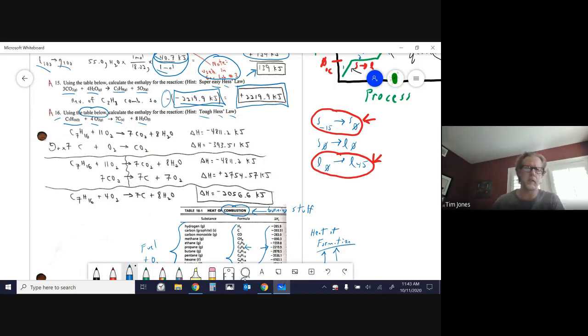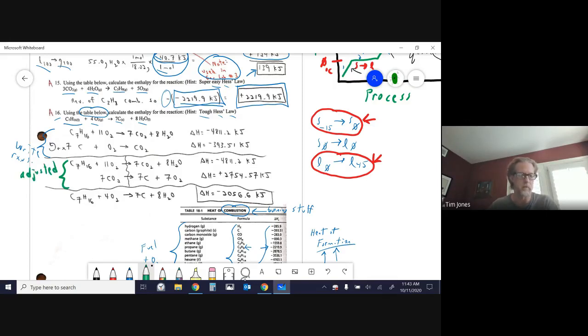When you do a Hess law problem like this, I recommend that you start out right here and just write the reactions based on the chart. So just write out what you can get from the chart. In the second step, these will be the adjusted reactions.